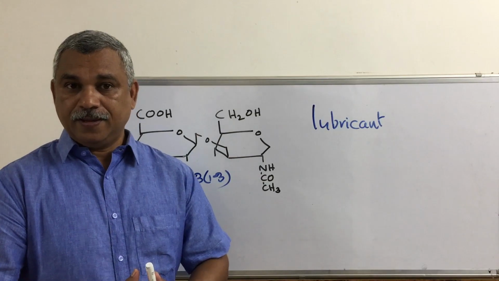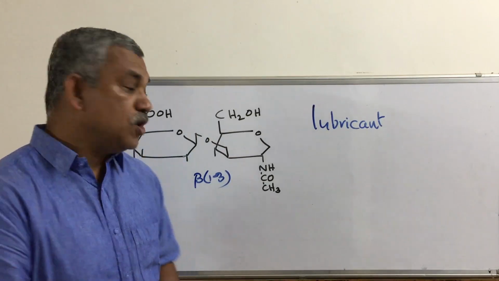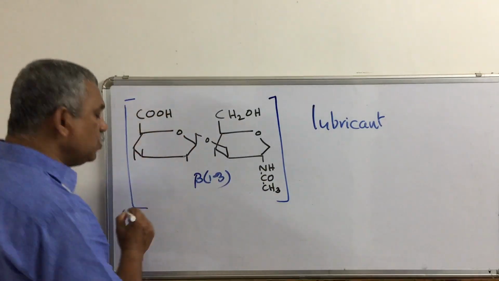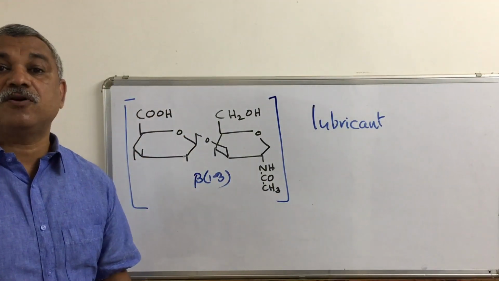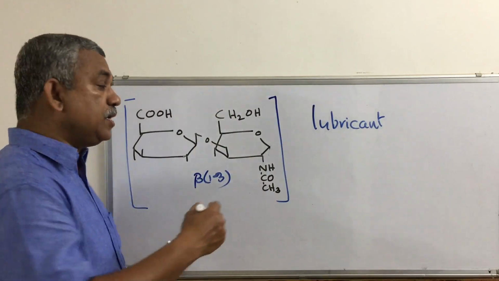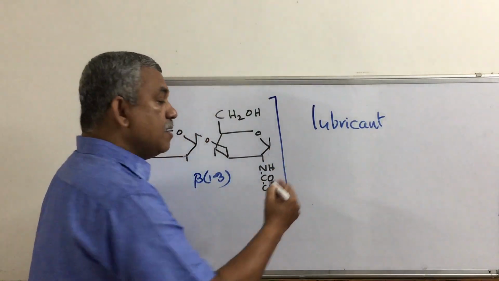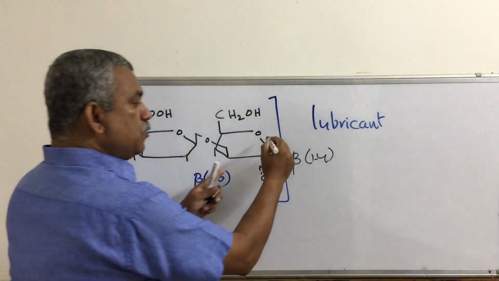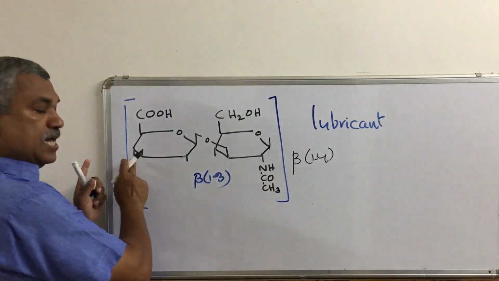glucosamine. Now, this is a molecule, a disaccharide unit. This disaccharide unit will be repeated maybe about 5,000 times, joined by a beta-1,4 linkage. Here is a disaccharide unit, and another beta-1,4 linkage will be there.